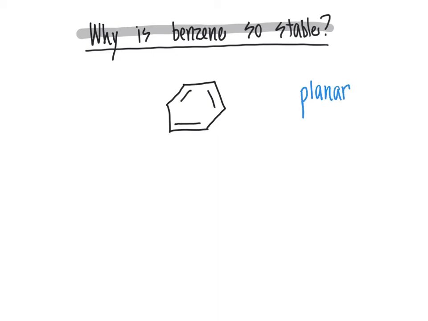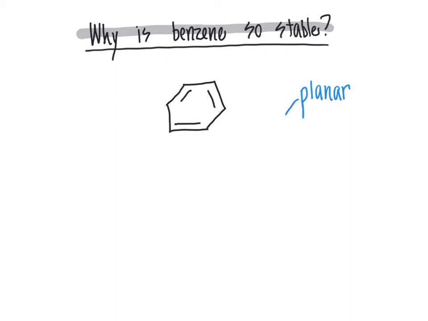And when we have a continuous system of sp2 hybridized atoms, where they are laying flat, where the structure is flat or planar, what's going to happen is that there will be overlapping p orbitals from each of those individual sp2 carbon atoms that are all oriented vertically, that are all oriented in the same direction.